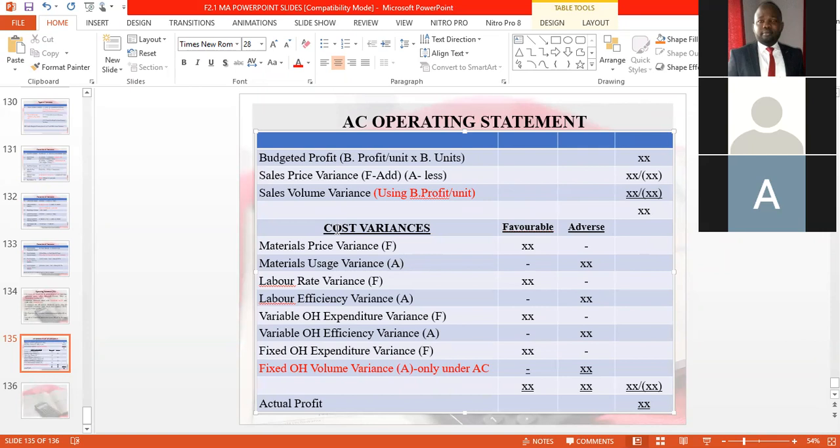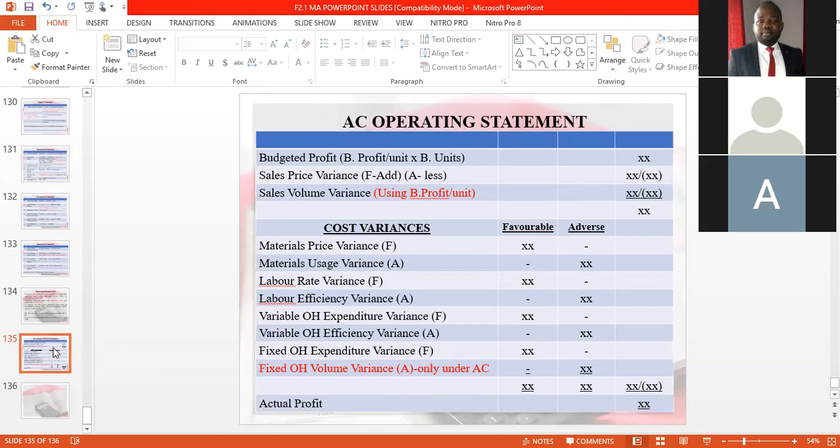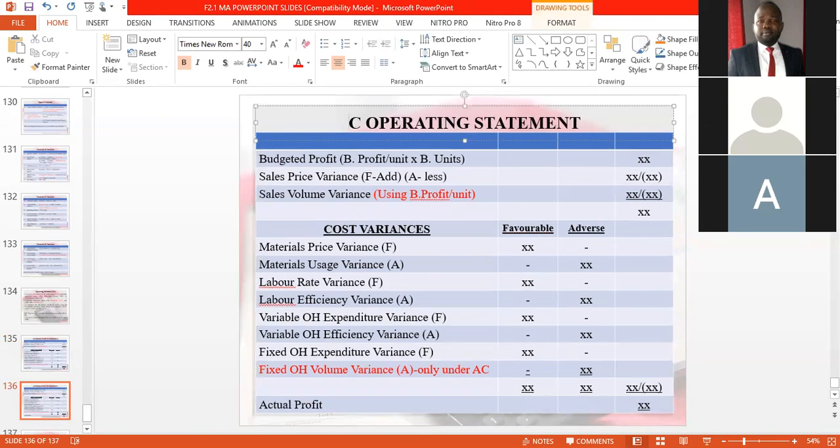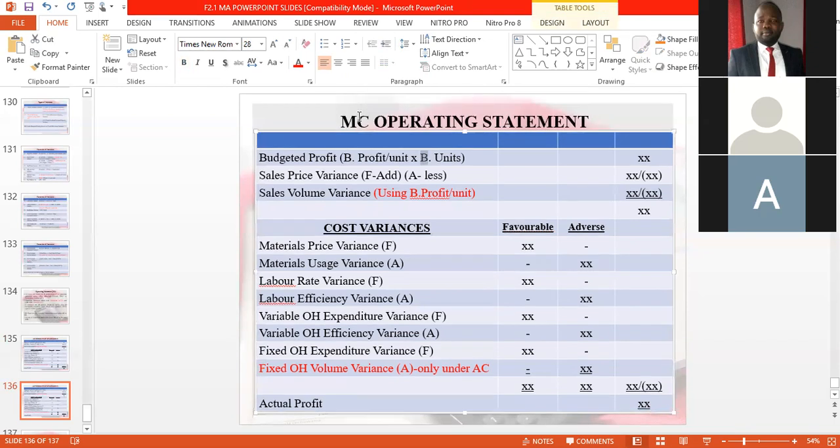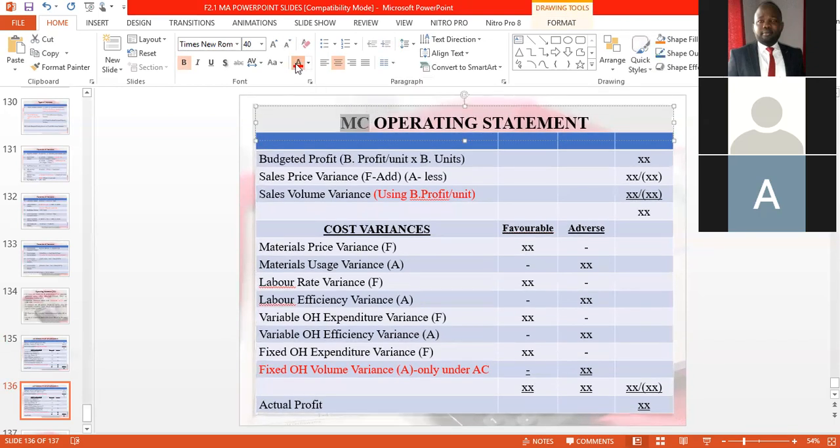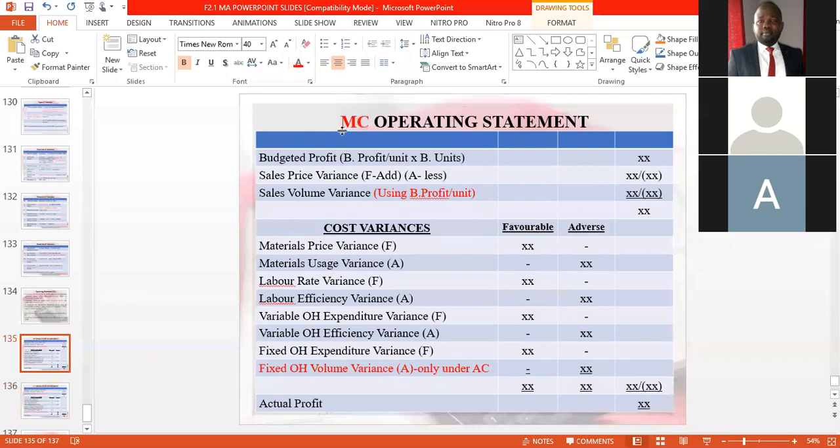That is under AC. So why don't we look at MC? How does MC look like? So I'll duplicate the same, and then now I'll just change these to MC operating. Let me put this in red so that you know the differences in the statement.